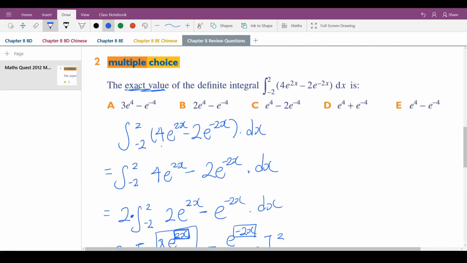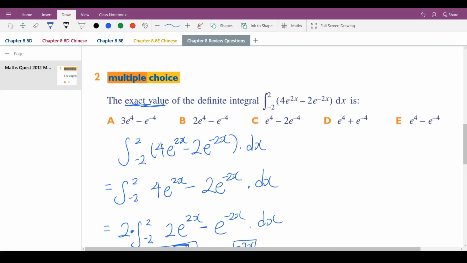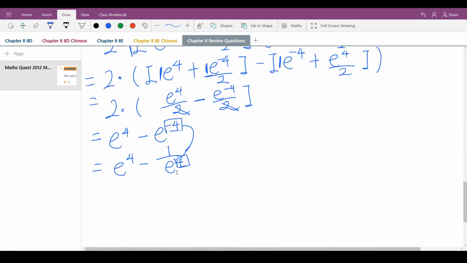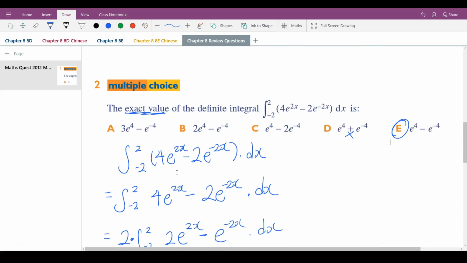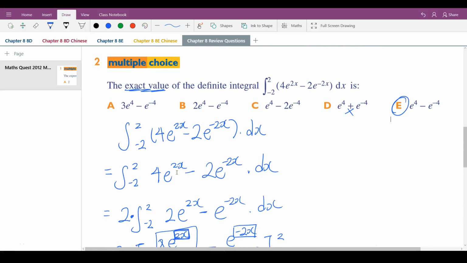Alright, let's see, is there any other thing up there? Oh, last one, right? Not a plus, remember this is not a plus, it's this one. So that is the answer for question 2. E. Yep.